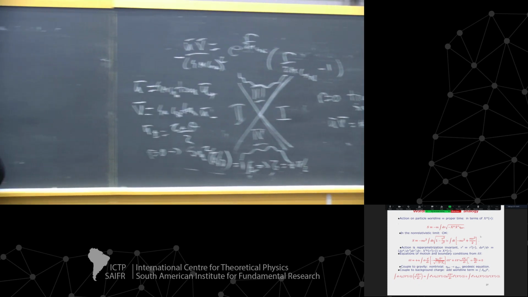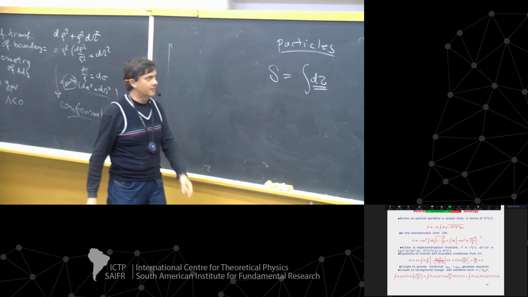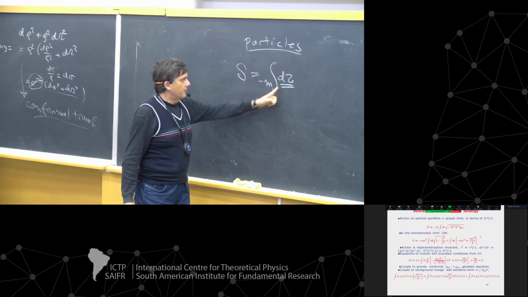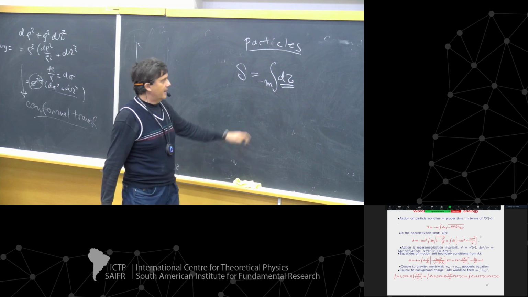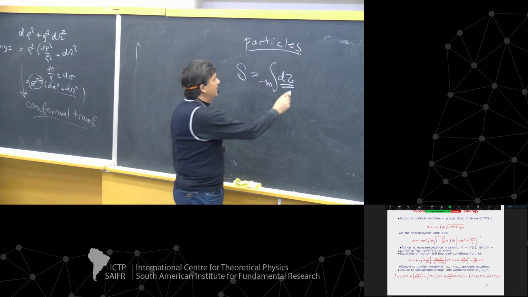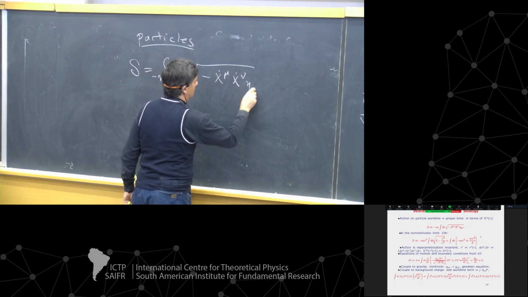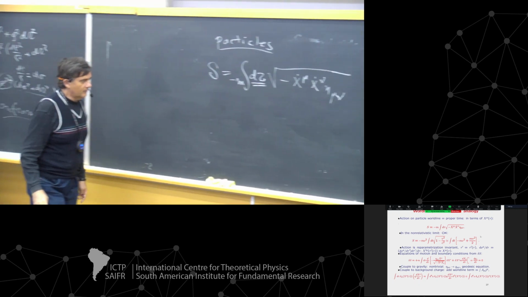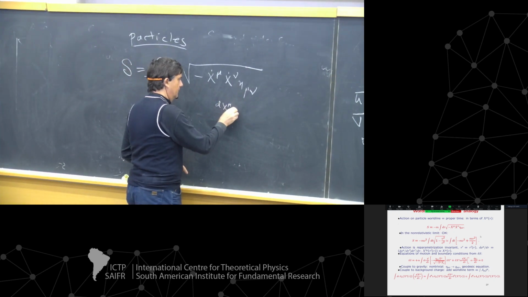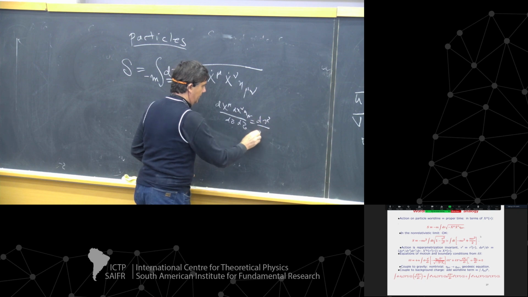So how would I write an action for this? Well, it has to be an action on the world line, so integral d tau, where this is the proper time. Then it has to have the mass. Mass times proper time gives a dimensional thing, so that's fine. And then we introduce this thing: minus dx mu dx nu eta mu nu over d tau squared, which is ds squared over d tau squared.